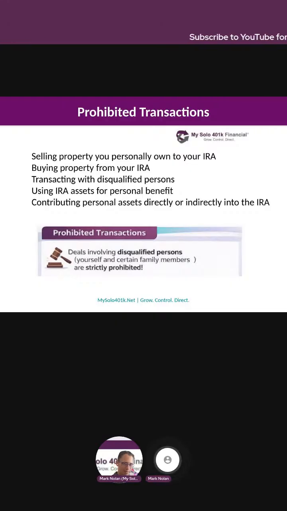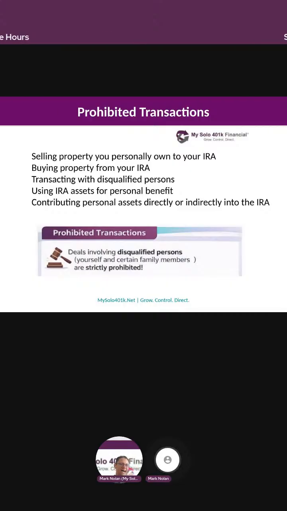So the IRA participant or owner, the IRA owner's spouse, the IRA owner's parents, grandparents, the IRA owner's children, for example, the IRA owner's business. So the IRA owner may own a business, so we prohibit his or her self-directed IRA from performing transactions with his or her business.